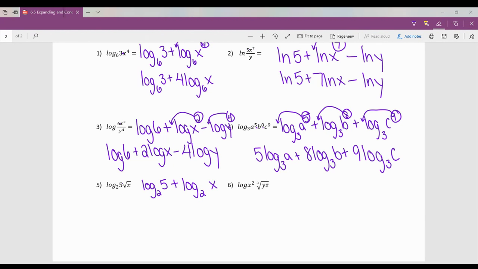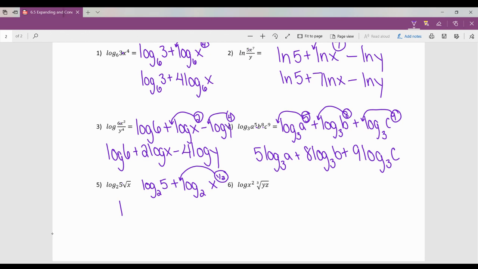The square root is also equal to an exponent of 1/2. So instead of square root, I'm putting x to the 1/2. And now I'm going to take this exponent and bump it down in front. Remember, power over root. So since it's a square root, it's going to be 1/2.